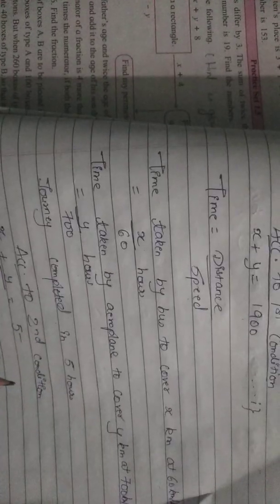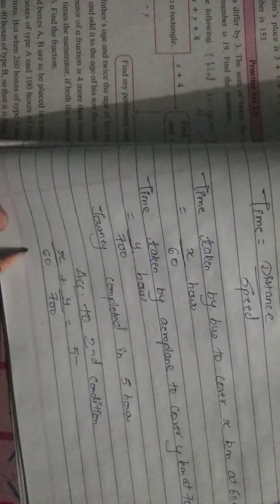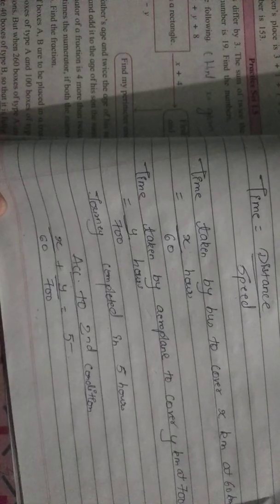And the journey has been completed in 5 hours. So according to the second condition, x upon 60 plus y upon 700 equals 5.